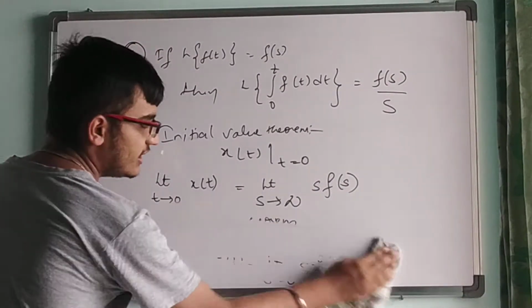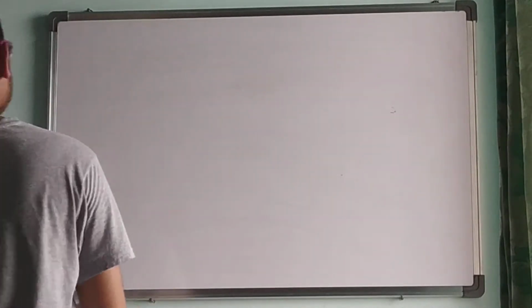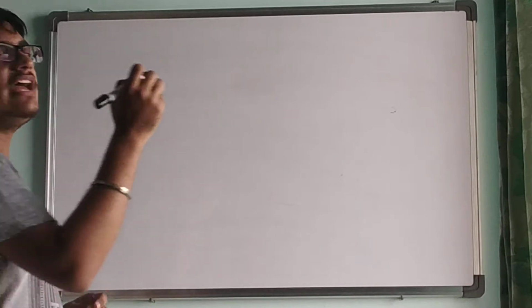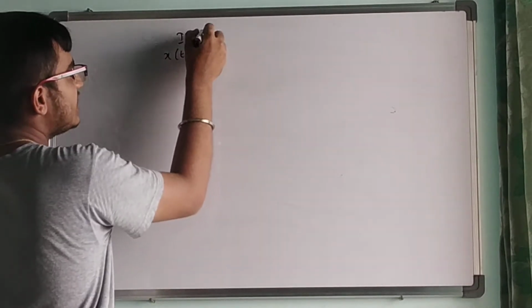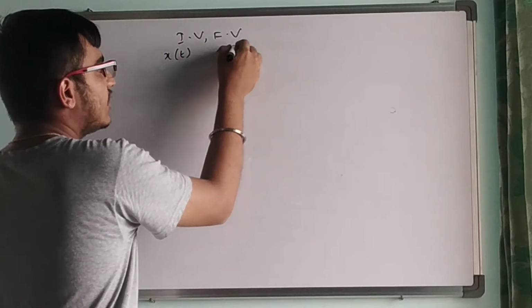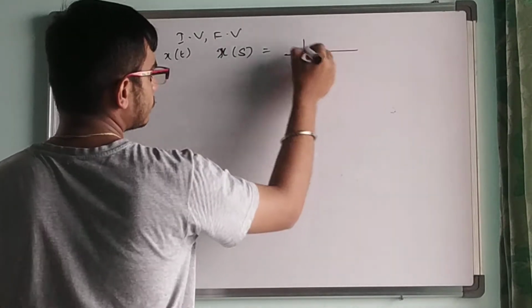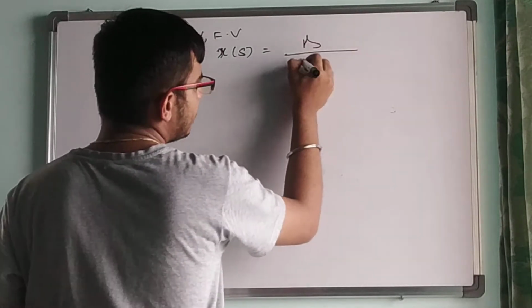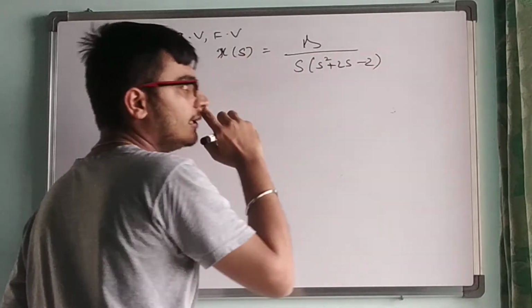So these are the properties. We will discuss one example. Find the initial value and final value of the function x of t whose Laplace transform X of s is equal to (s plus 2) by s into (s square plus 2s minus 2).